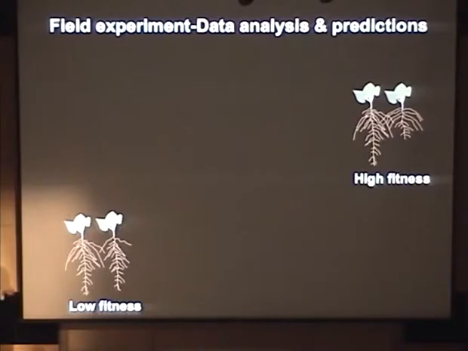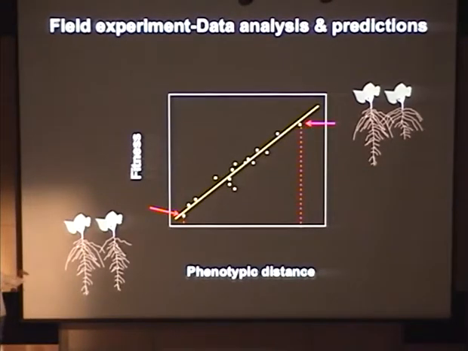And so the ultimate prediction is, if this process is in fact important, I would expect to see that individuals competing with more divergent phenotypes will have higher fitness relative to individuals that are more similar to one another. And so you would expect a positive trend between a dissimilarity index and fitness.